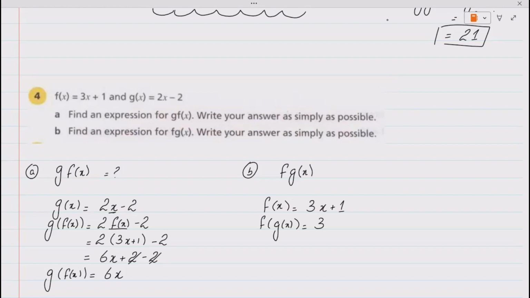So 3 g of x plus 1. 3 as it is, g of x is 2x minus 2, plus 1. Now 3 into 2 is 6, so 6x minus 6 plus 1. Now 6x minus 5 is f of g of x. And this part is again complete.